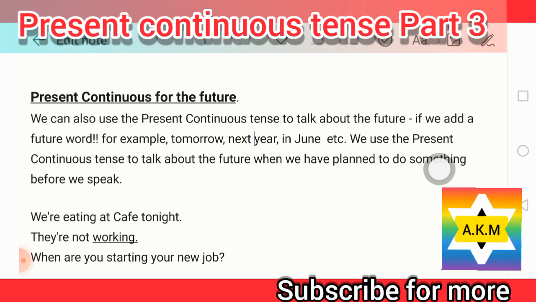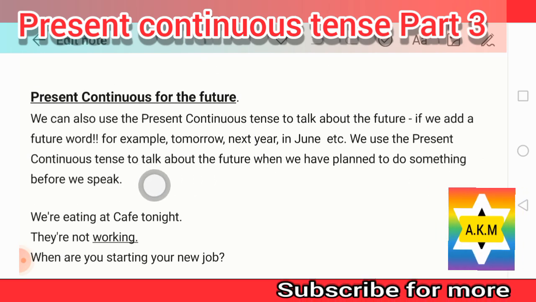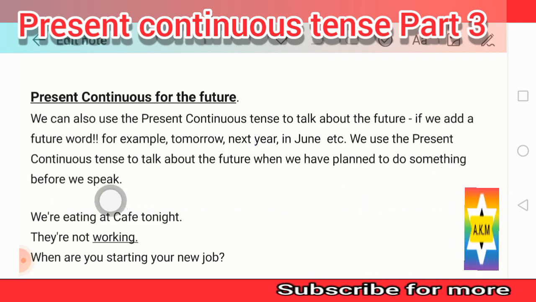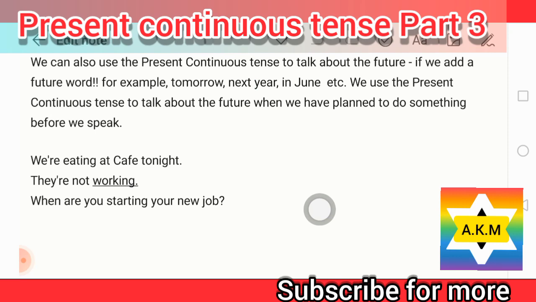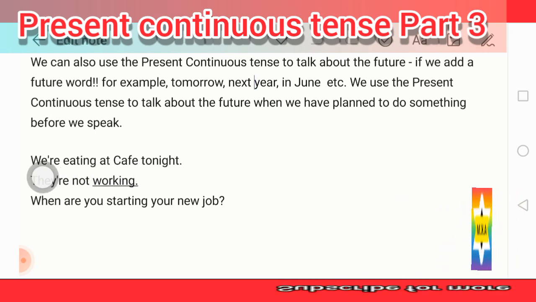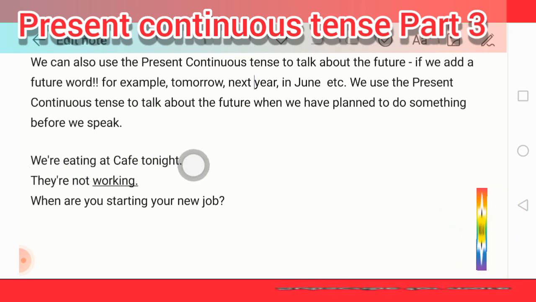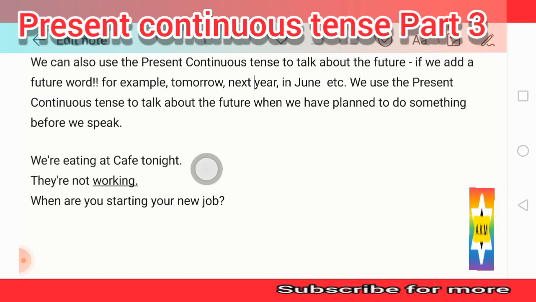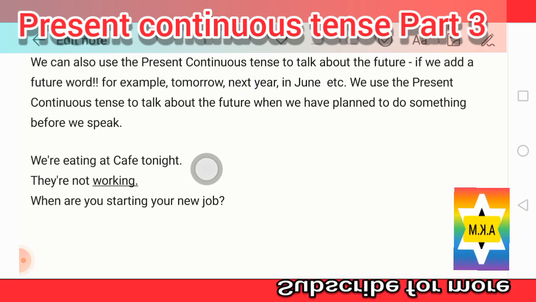And we use the present continuous tense to talk about the future when we have planned to do something before we speak. For example, "We are eating at the cafe tonight." It means that we will go to the cafe tonight and we will eat there.